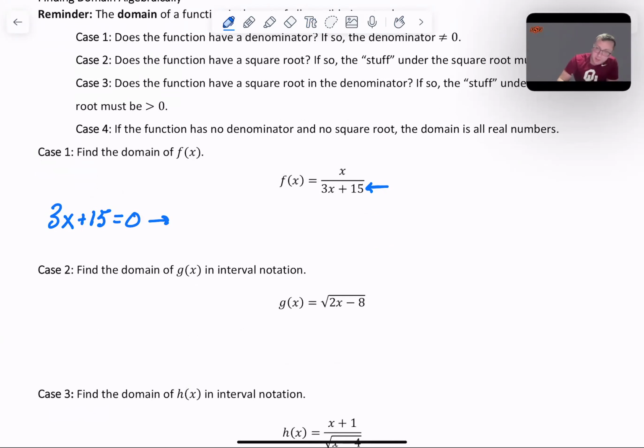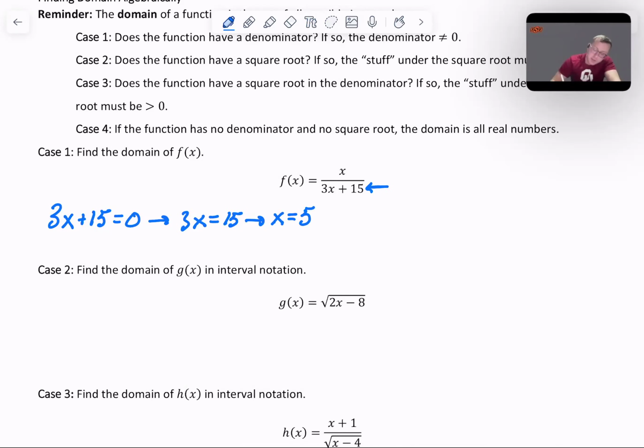Then I have 3x equals 15, right? And that implies that x is what? Someone say in the comments or speak it out. Yeah, x is 5, right? So 5 is the only place where we actually have the denominator being 0. So that means we need to exclude 5 from the domain.